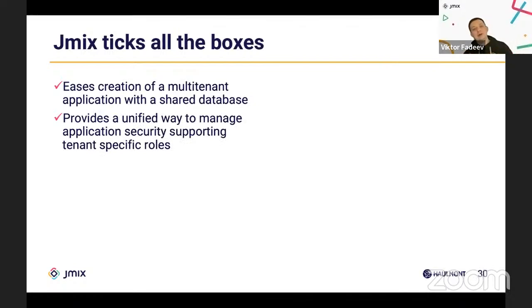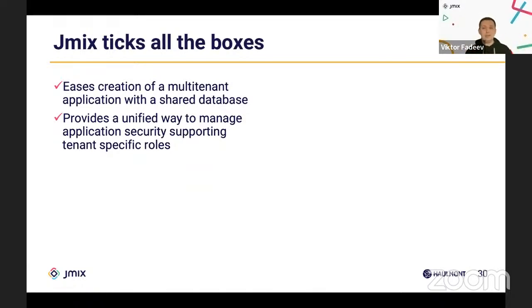Another thing is that it provides a unified way to manage application security, supporting tenant-specific roles. So you just need to configure tenant-specific attributes in the entities which should be tenant-specific. You need to add a tenant attribute to your user, and you should configure the role related to the tenants. So it just works.